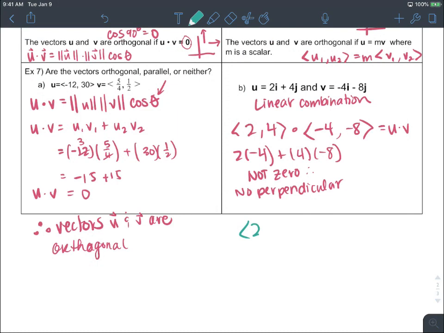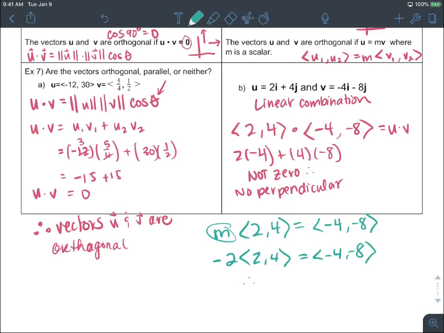The components (2, 4) and (-4, -8): is there a scalar m that would give me negative 4, negative 8? Yes, I can multiply by negative 2. Negative 2 times (2, 4) is equal to (-4, -8).